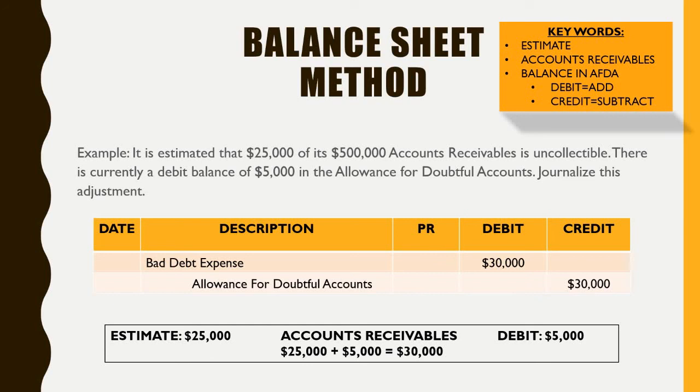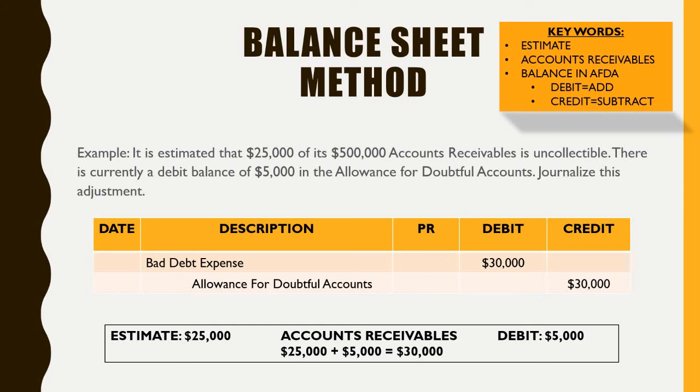Right now, if I have a debit balance, if I went left 5,000 steps, I need to get to the right side to equal 25,000. So I need to backtrack, because I'm on the left side.